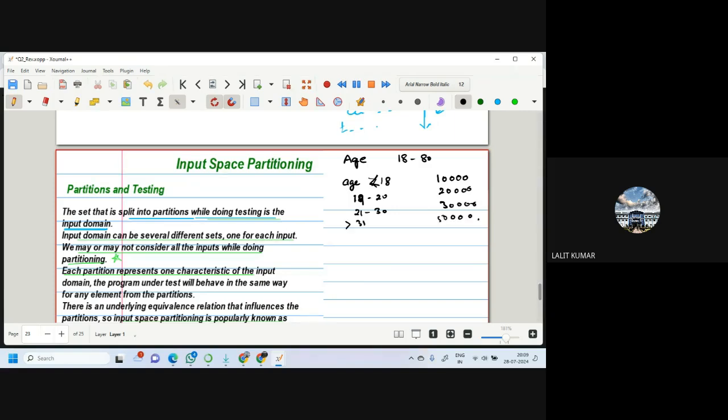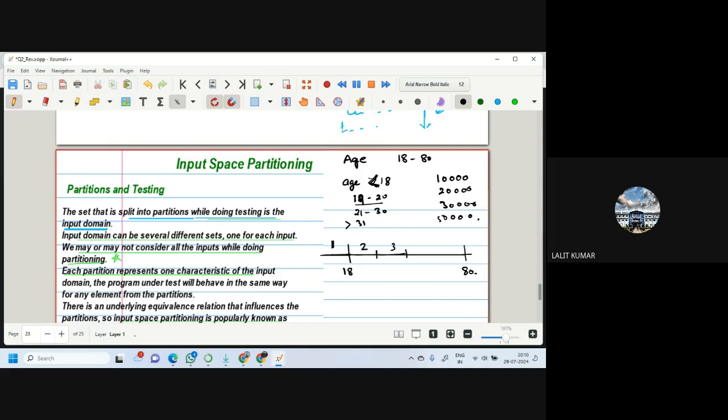So here, how do we make partitions? To make the partitions, it is very easy. Just make a line like we used to do in school. Make the minimum part. This is 80. So one partition will be less than 18. Second partition 19 to 20. 21 to 30.